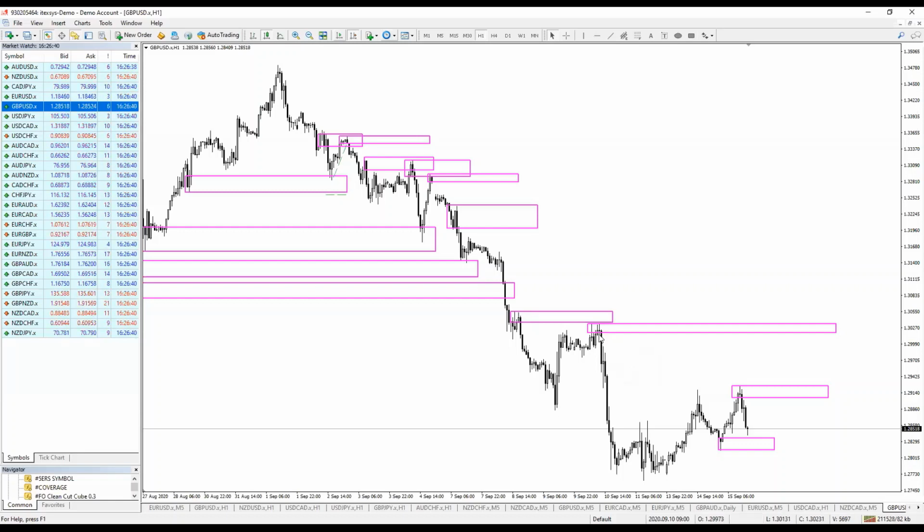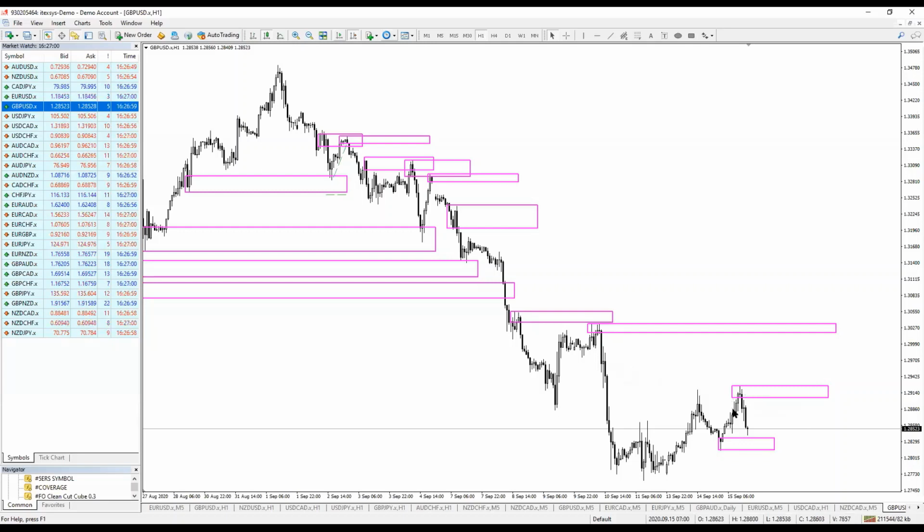This in itself tells me that there is a significant sellers' force that were already making significant lower lows. So before price will get up here, I don't want to sell.